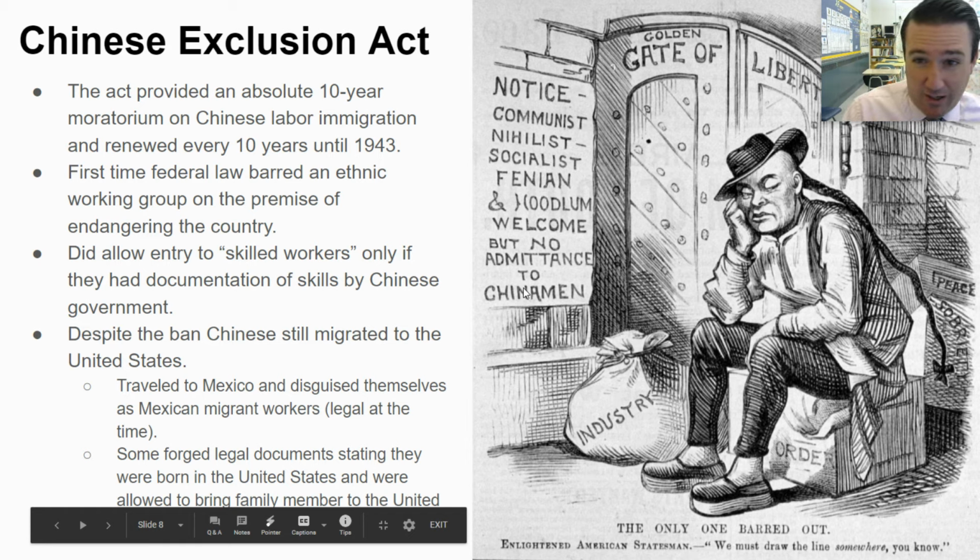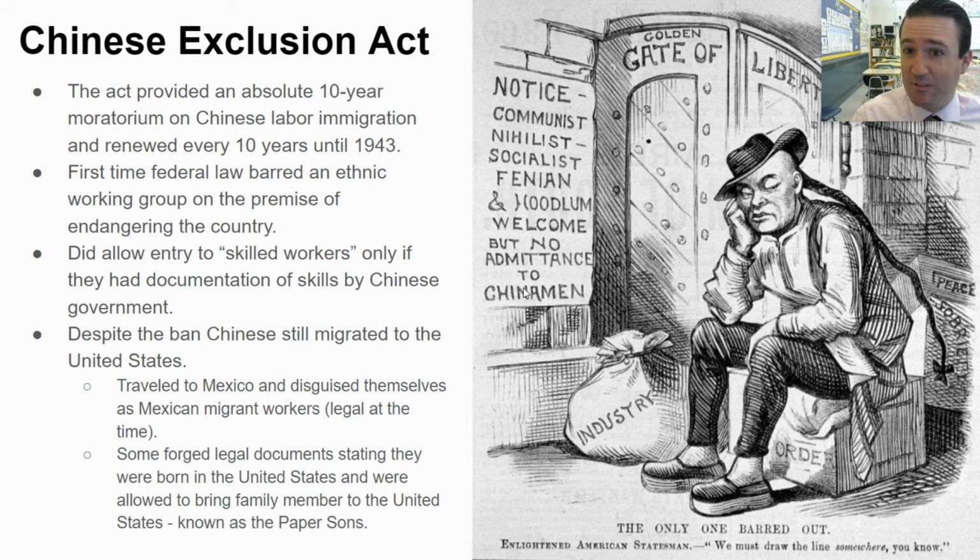Despite this ban, and this is a good example of what happens with immigration laws we've created throughout history, the law says one thing but doesn't necessarily mean the stoppage of immigration will occur.